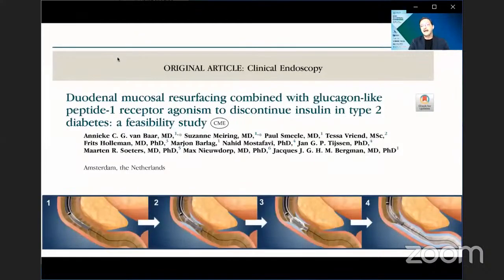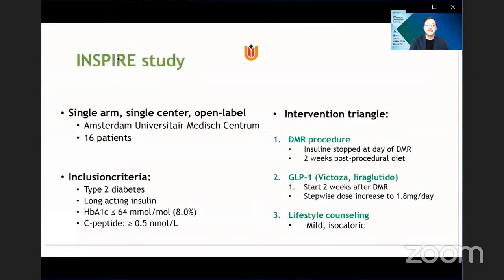So as these studies progressed, we have this very specific one I wanted to highlight that was very recently published in GIE, on the use of duodenal mucosal resurfacing in patients that are already on insulin, with the idea to take them off insulin. It's a single arm, 16 patients.